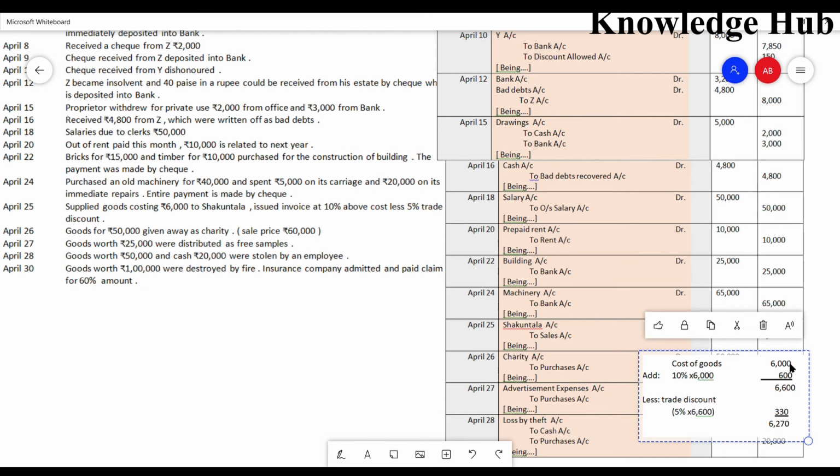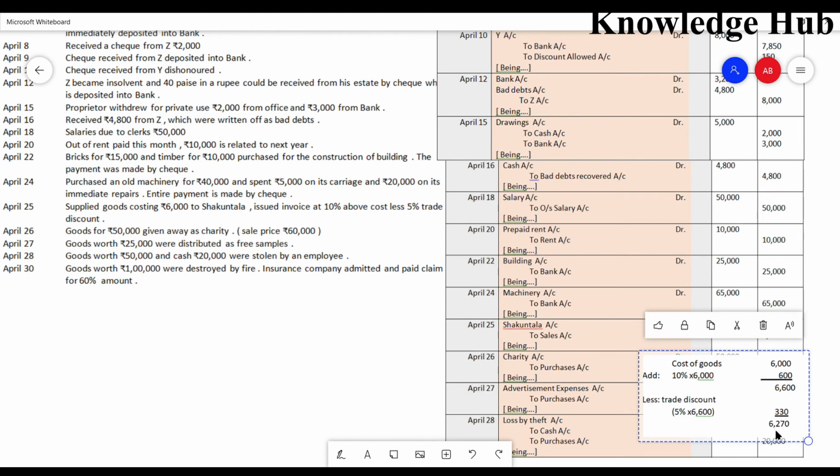This was issued at 10% above cost. So 10% on 6,000 rupees, 600 is added to it. So the amount becomes 6,600. Now what's said is after this, on this amount 5% trade discount is applied. So 5% trade discount on 6,600 rupees becomes rupees 330, and my total amount now becomes 6,270.